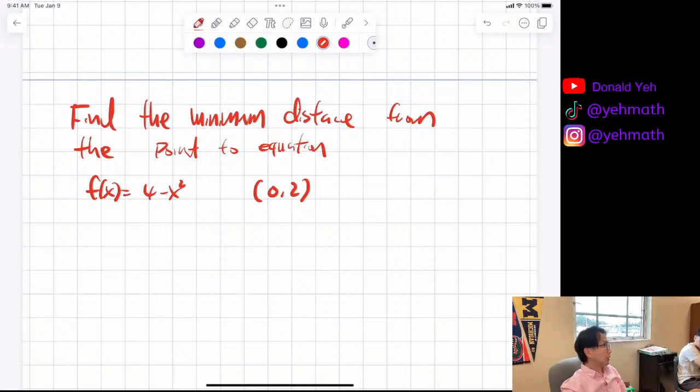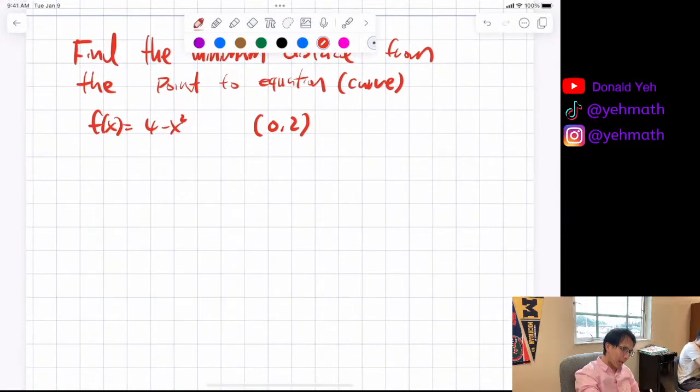Okay, so today I want to go over... We're going to use the same equation. We're going to talk about two types of equations. First, I want to find the minimum distance from a point to the curve, or parabola in this case.